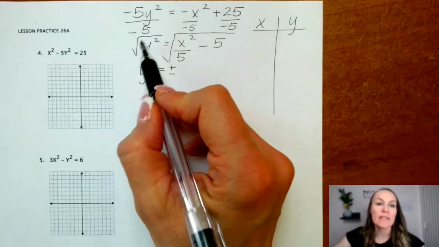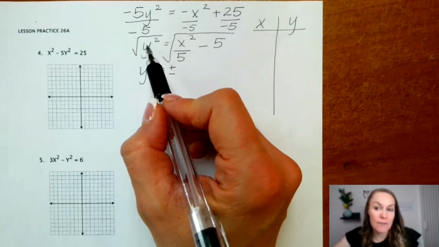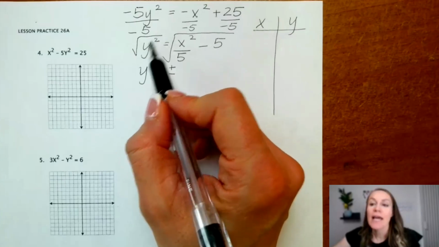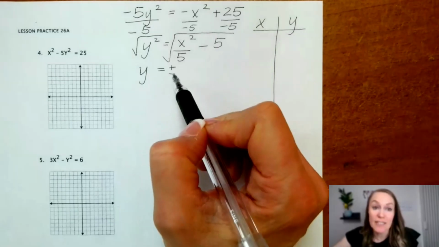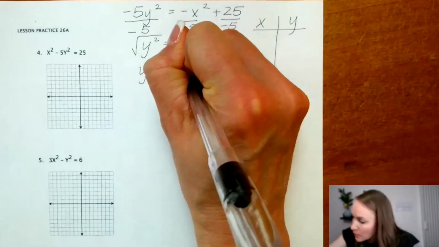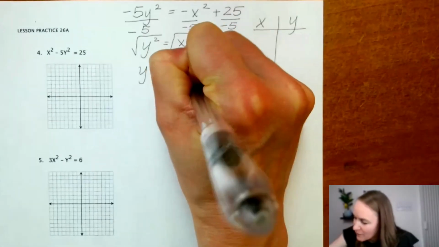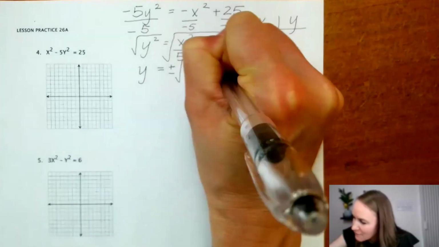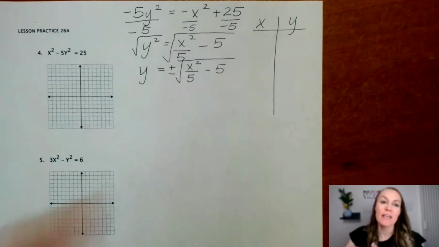Because when I plug in a value for y squared, I could plug in positive 3, that would be 9, and I could plug in negative 3, which is also positive 9 because the negative is being squared. So we're going to leave it like this: plus or minus the square root of x squared divided by 5 minus 5.